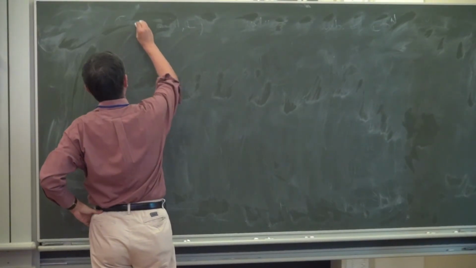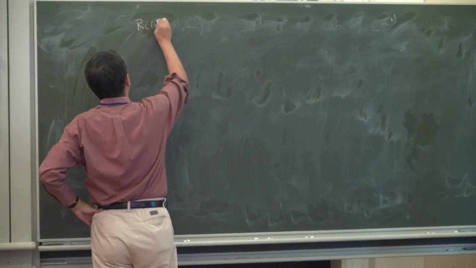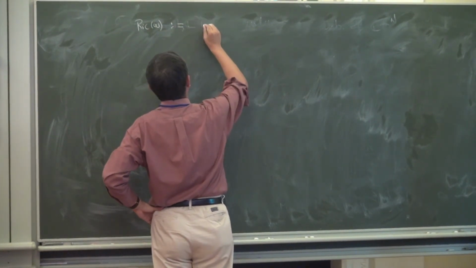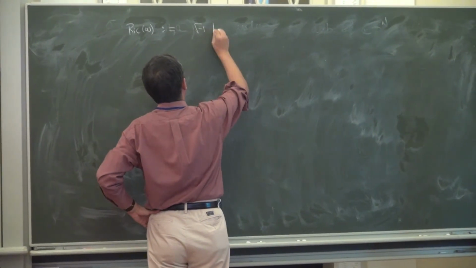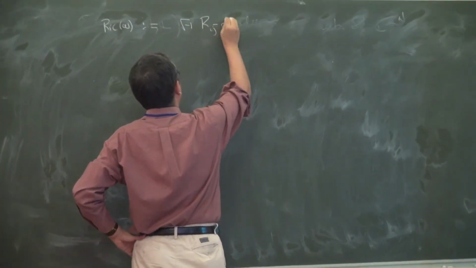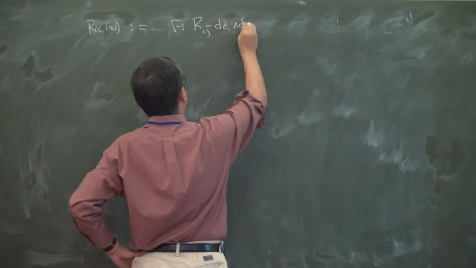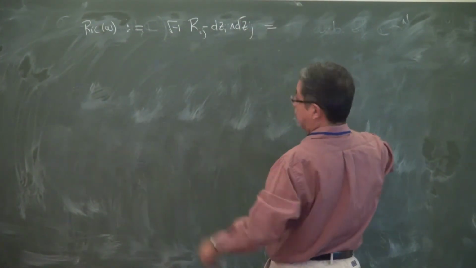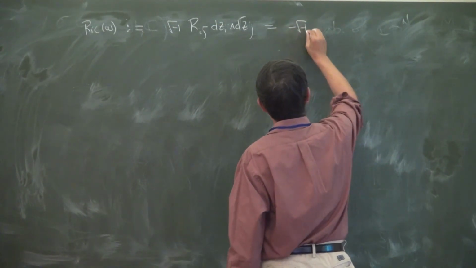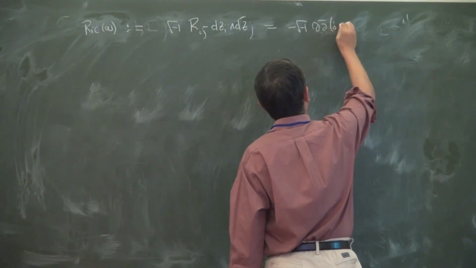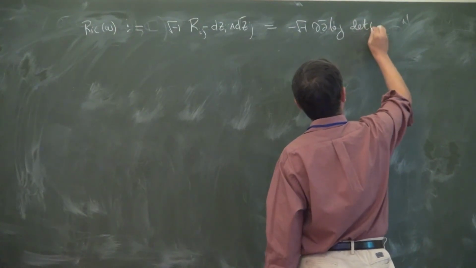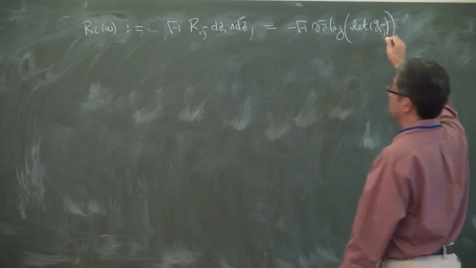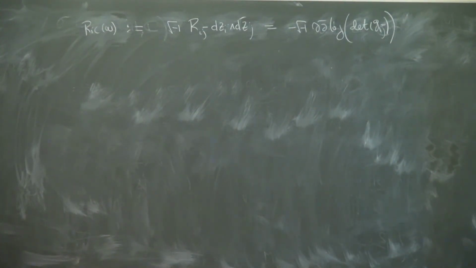This says the Ricci form omega, which is defined to be square root of minus one times Ricci i j bar d z_i d z_j bar, is equal, according to that formula, to minus square root of minus one times d d bar of log of the determinant. Okay, so in particular, it's closed.